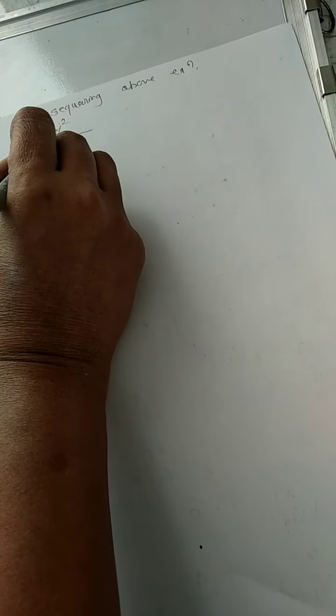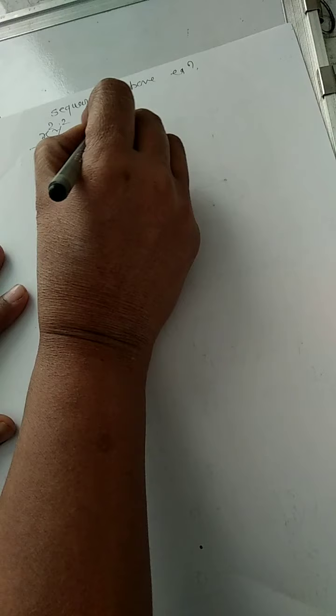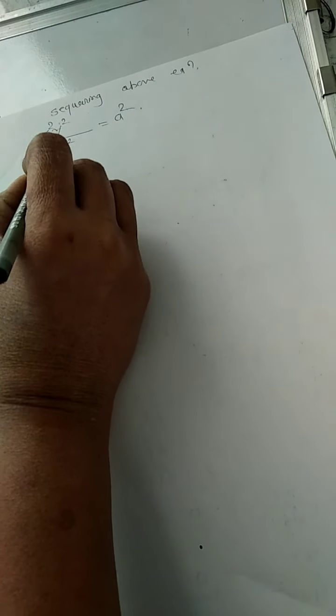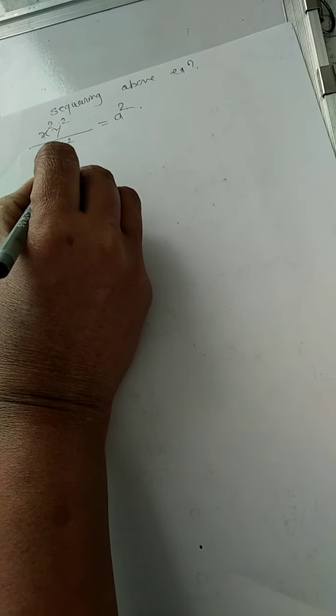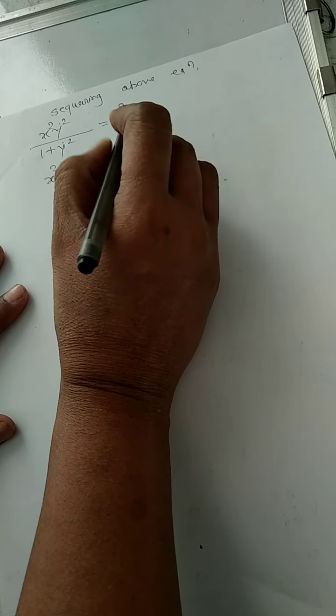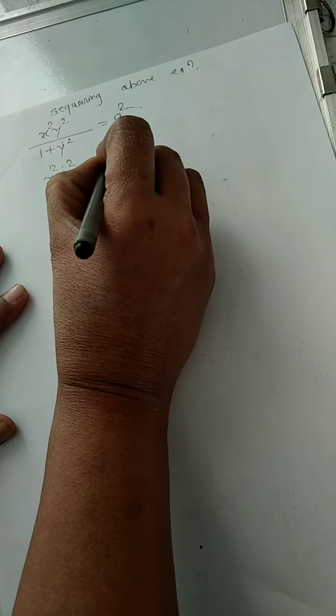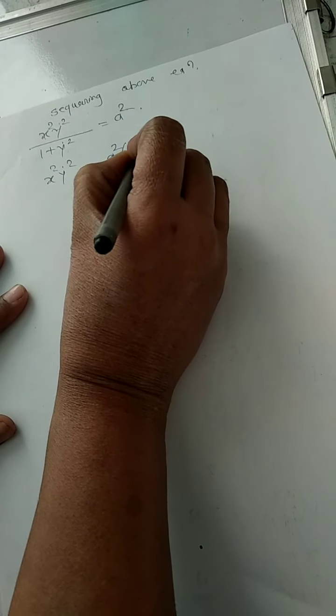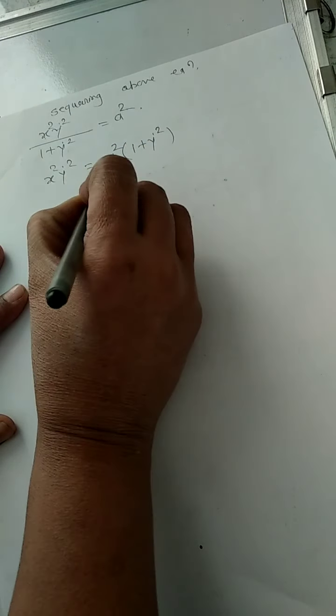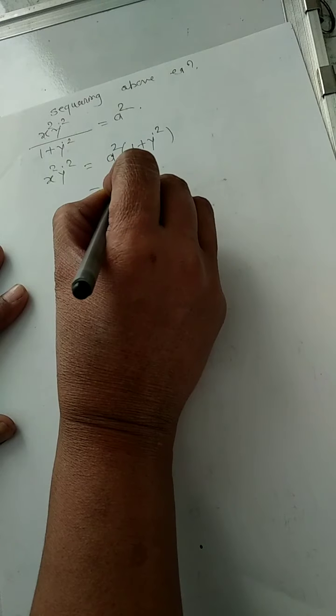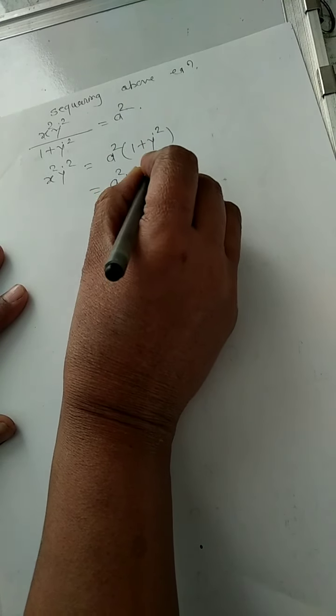Squaring the above equation, we get x square y dot square upon 1 plus y dot square is equal to a square. Then solving this equation, x square y dot square is equal to a square into 1 plus y dot square, that is a square plus a square y dot square.